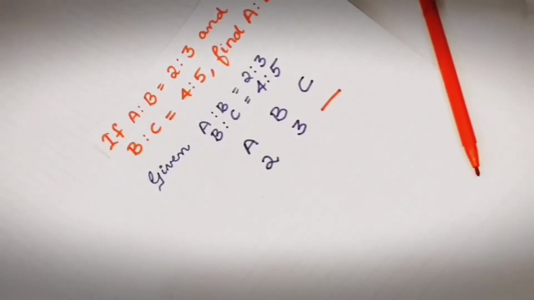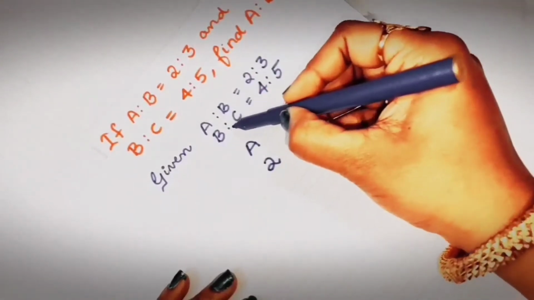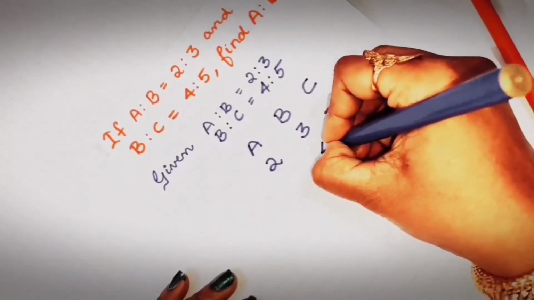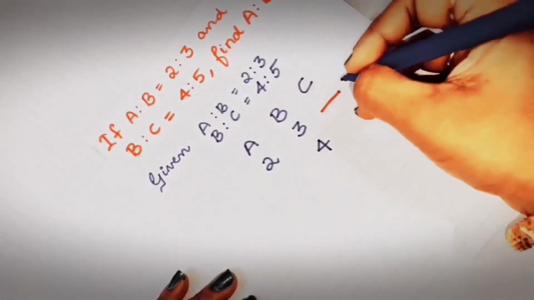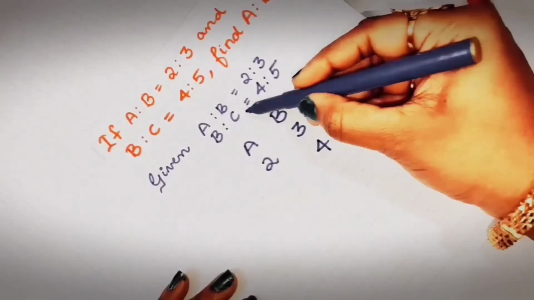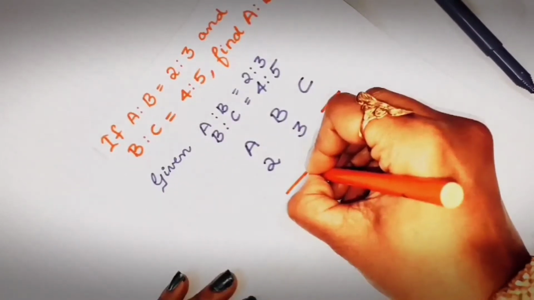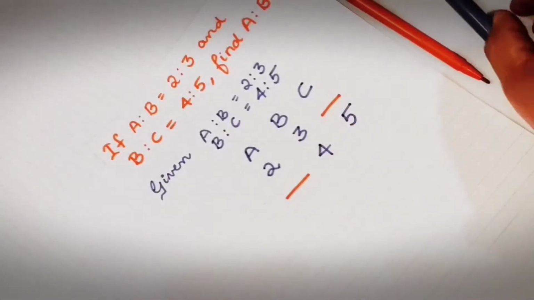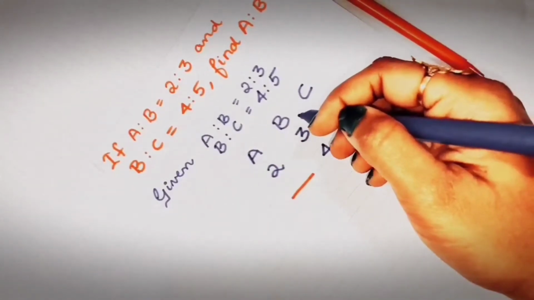Now moving on, in the second line we can see that B is to C is 4 is to 5. So below B we write 4 and below C we write 5. As we do not have the value for A in B is to C, we leave the space blank over there. Now we have to fill up these blank spaces.